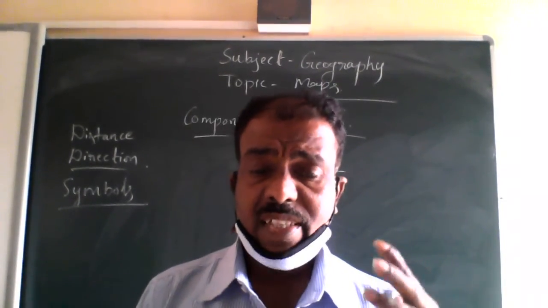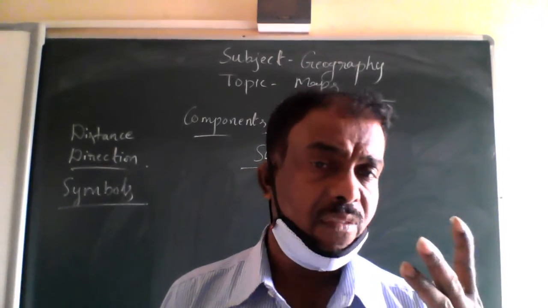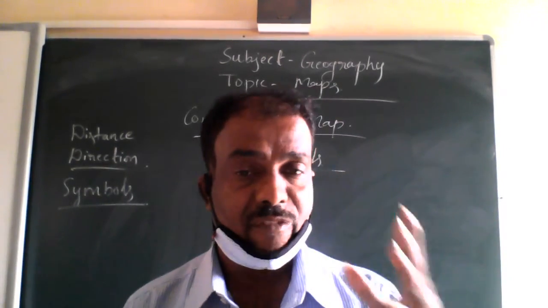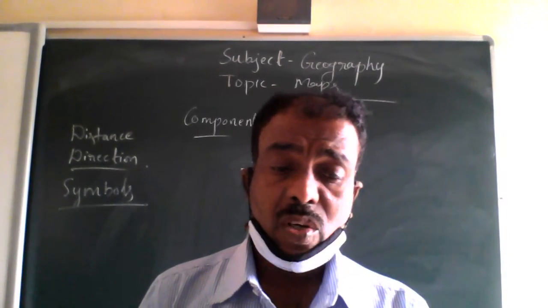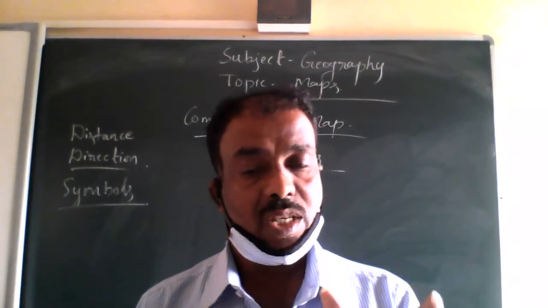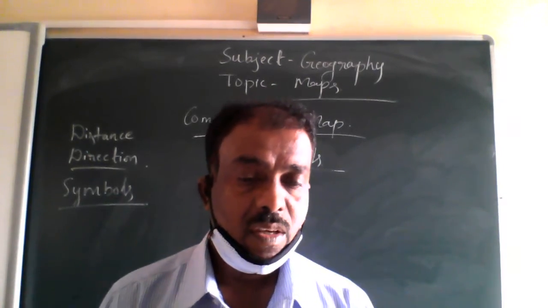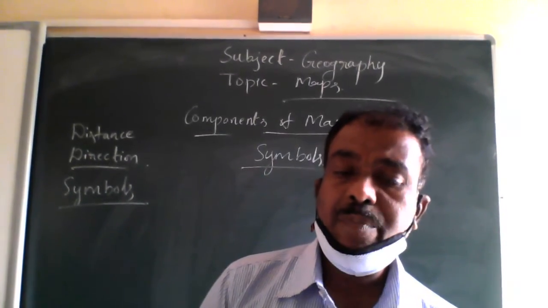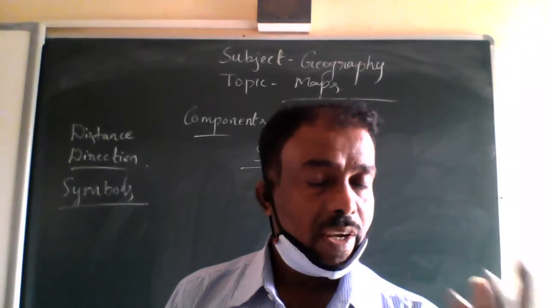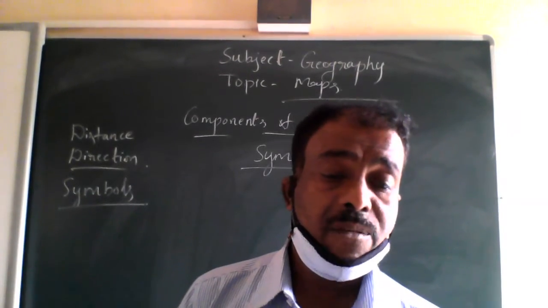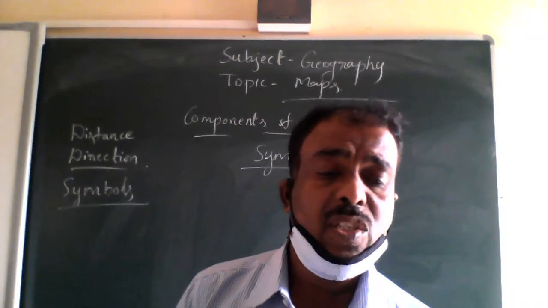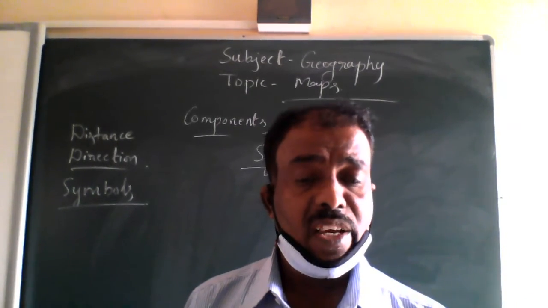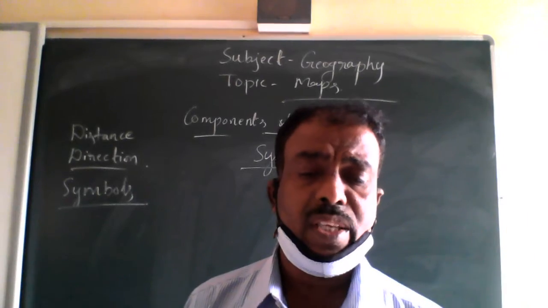By using these symbols we can get a lot of knowledge, ideas and information. See dear students, it is not possible to draw on a map the actual shape and size of different features, for example a building, road, bridge, tree, railway line or well.